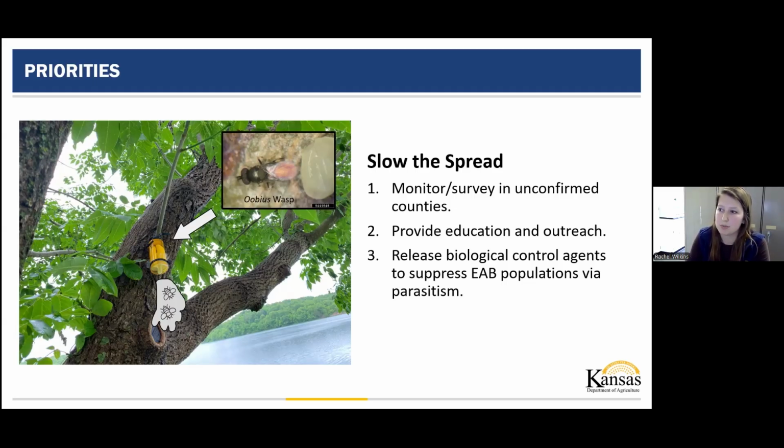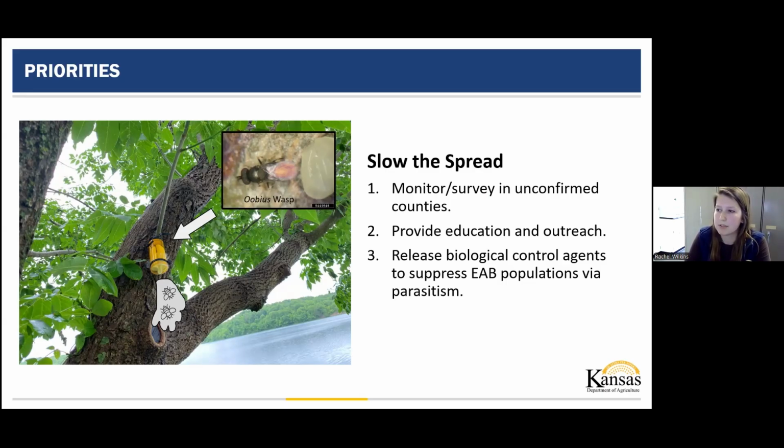Another thing we do is we provide a lot of education and outreach, just informing the public about this insect and encouraging folks to monitor their ash trees, stay alert for any kinds of signs or symptoms that might resemble an EAB infestation.